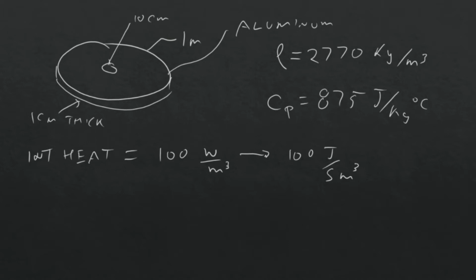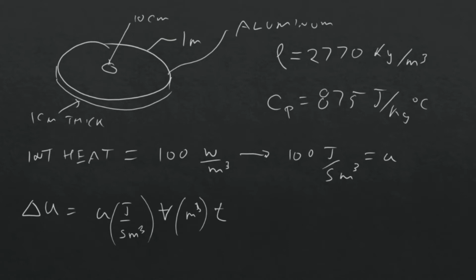If we figured out how much total energy that we had in this, we would say that the total change in energy, I'm going to call that little u, which is watts per meter cubed, and multiply that by the volume, which is meters cubed, and multiply that by the time, which is seconds, then that would give us an answer that's in joules.